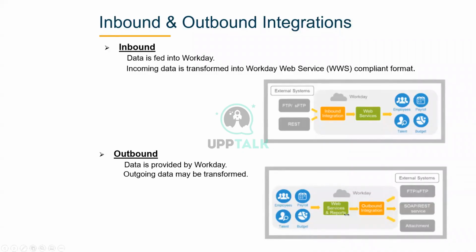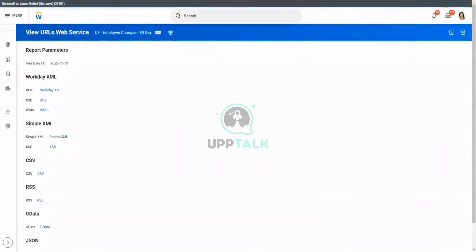Send the data via web services outbound integration and it can be sent to the external system: FTP, SOAP, REST services, attachment. And this is the one that we saw, considered as REST services, importing the data from a custom report within your tenant.